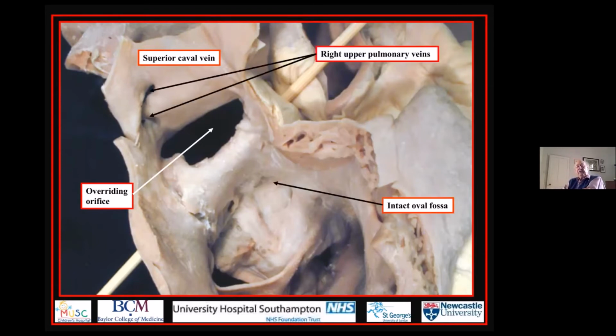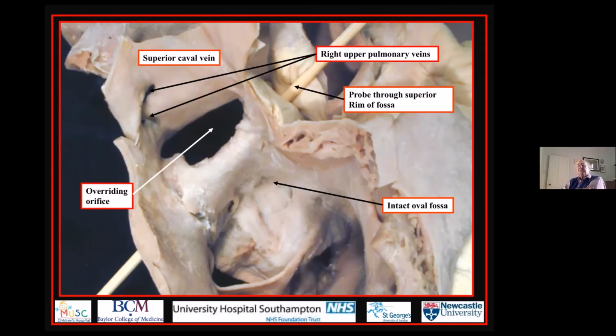There, however, you see that the oval fossa is intact, but you also see the phenotypic feature, because two of the right upper pulmonary veins are attaching themselves to the overriding superior caval vein whilst retaining their connection to the walls of the left atrium.